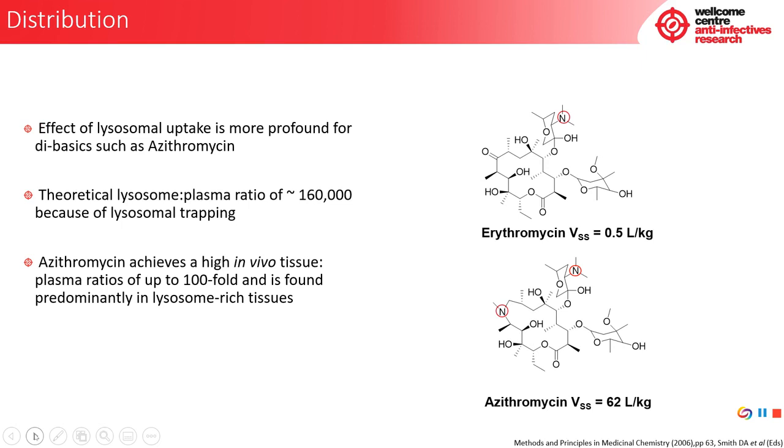In this instance, we are looking at what separates erythromycin, volume of distribution at 0.5 liters per kilogram, compared to azithromycin at 62 liters per kilogram. The main difference between them is the fact that erythromycin is monobasic and azithromycin is dibasic. So dibasic compounds tend to ionize and be trapped in the lysosomes, thereby increasing their volume of distribution.